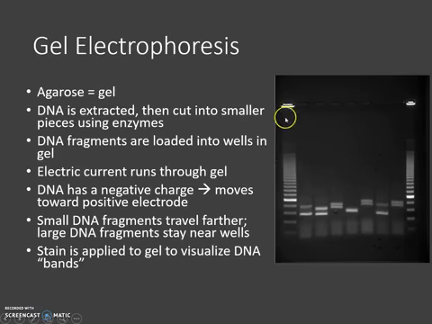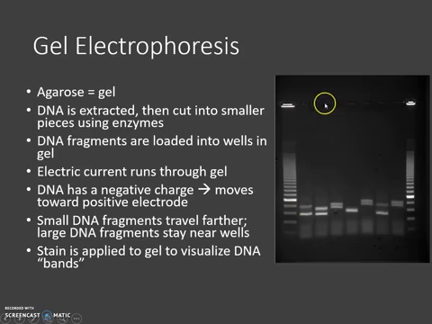And on this particular one, on either side, this is called a DNA ladder. So these are DNA segments that we know what the length is, and it helps us to figure out that, if this DNA segment matches this one, then it's about this big.